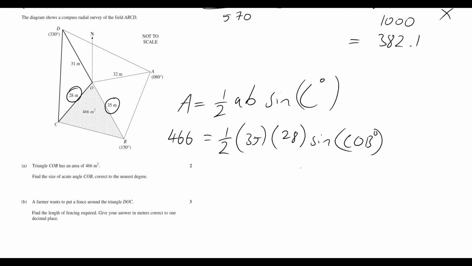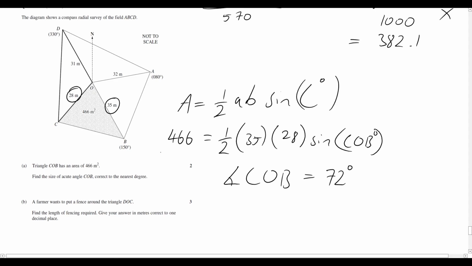And so when we do that, and we take the inverse sine of that problem, we find that the angle COB is equal to around 72 degrees to the nearest degree. Okay, and that's part A. So it's just a simple rearrangement of this problem here.